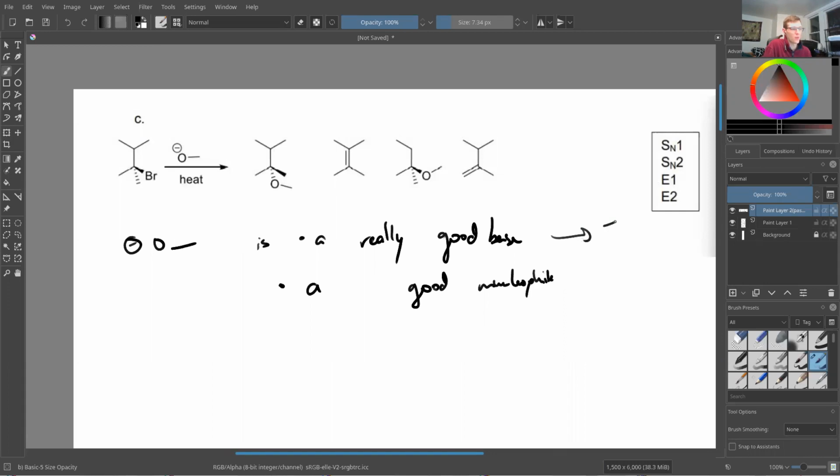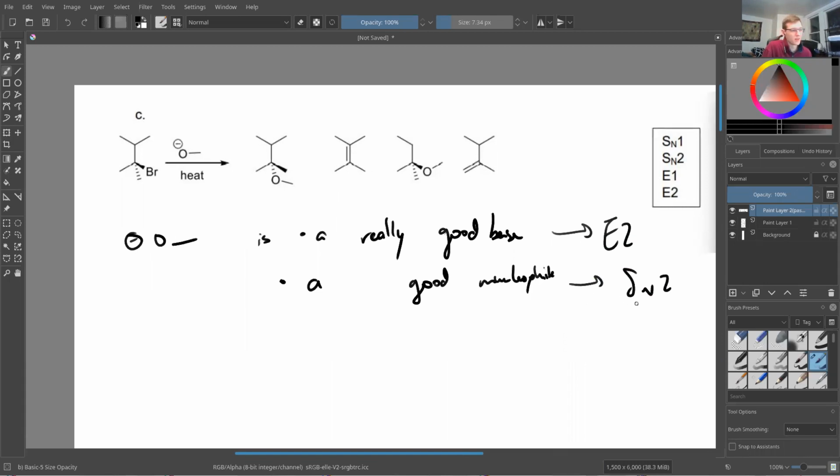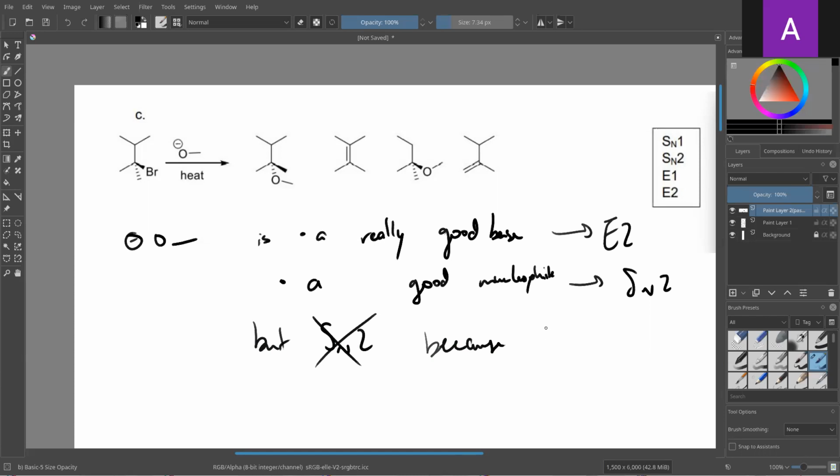So this tells us that we could do E2, right? Because we want really good bases for E2. And this tells us that we could do SN2. Can we do SN2? No, because tertiary. Yeah, exactly. So this is tertiary. So we can't do that.